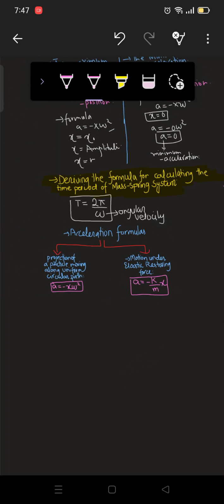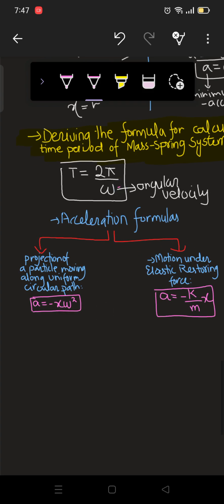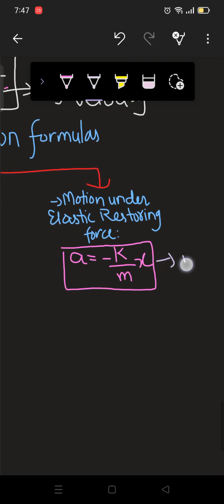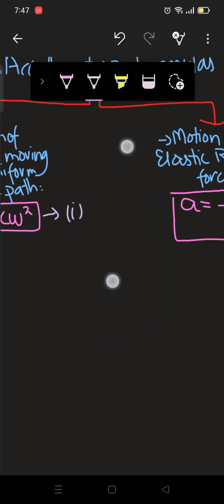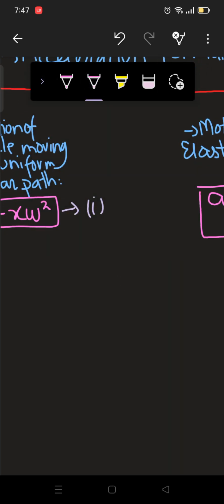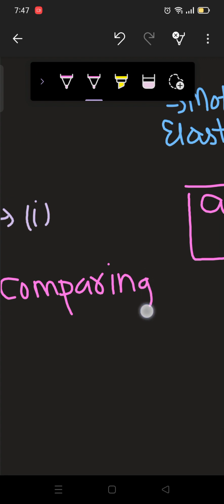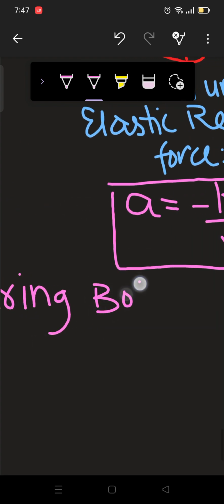Now we have written these two formulas. We need to compare these two formulas in order to get omega, since we need to remove omega, so we need the value of omega, right? Suppose this is equation 1 and this is equation 2.